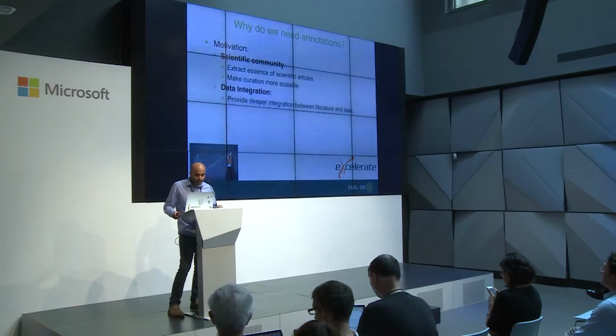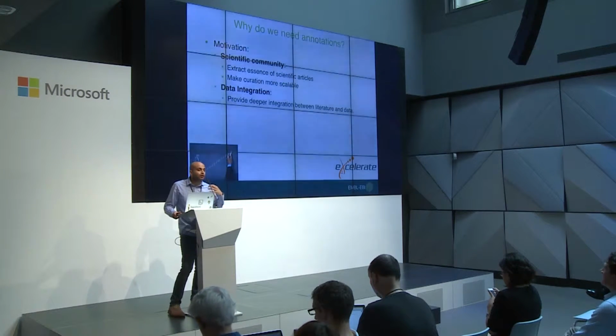So as I said, this slide just sums up what I spoke about. We want to extract the essence of scientific articles and help manual curation scale to the big data needs.